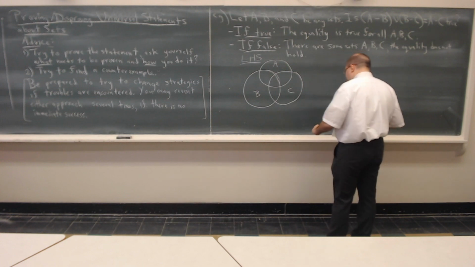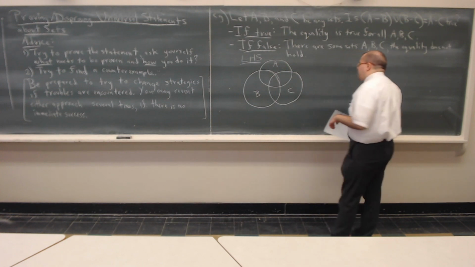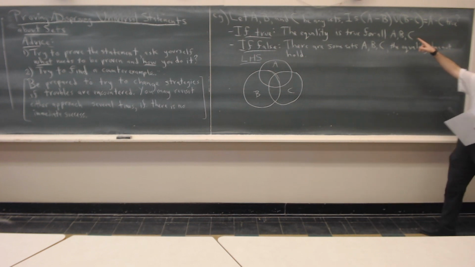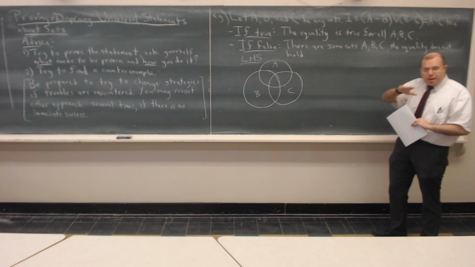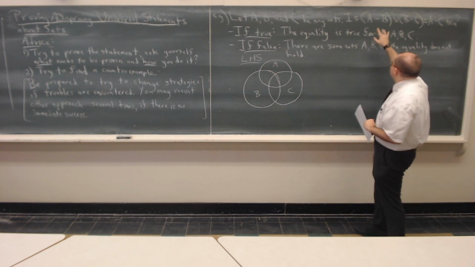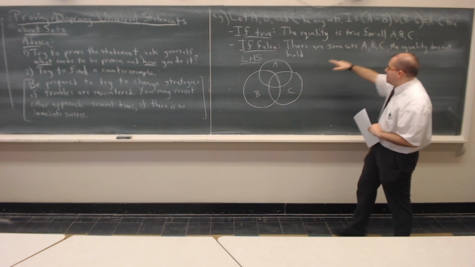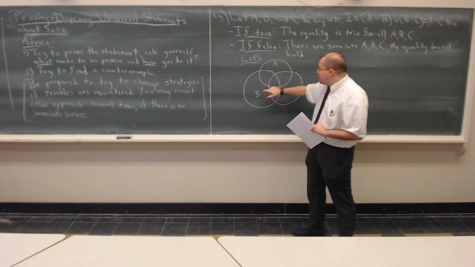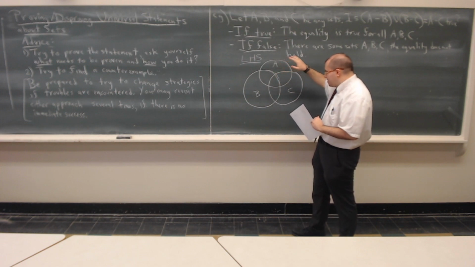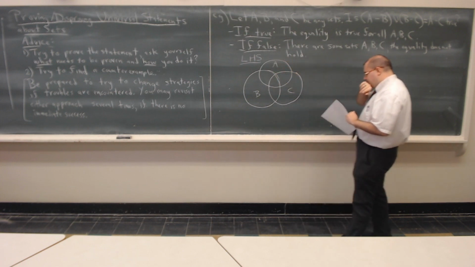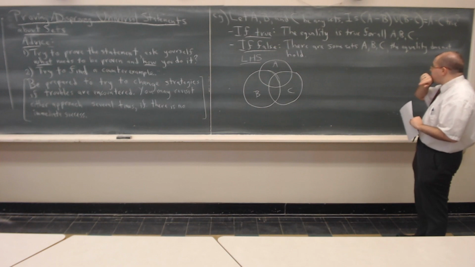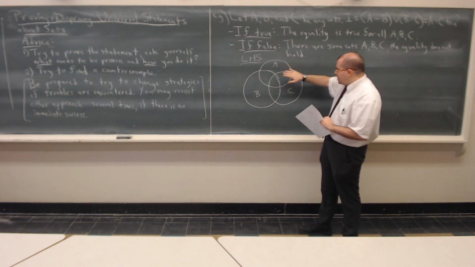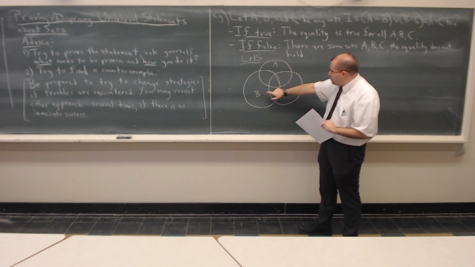So let's take a look at this. On the left-hand side, I have A set minus B. The way you would approach this is to look at A first. A set minus B means that I'm going to remove all the elements from A that belong to B, right?